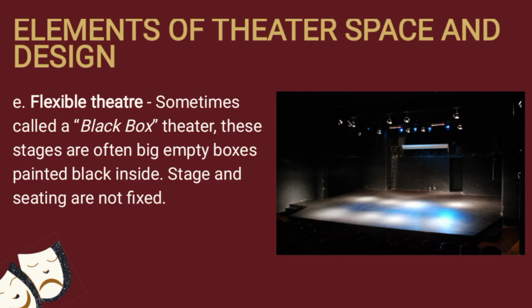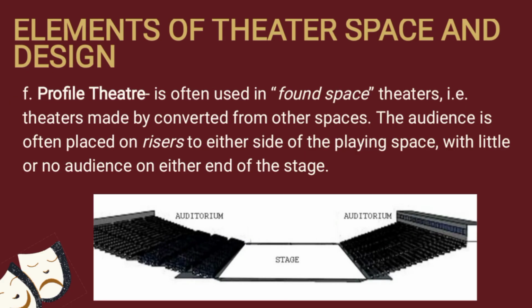So flexible theater is a simple open space with minimal fixed seating. So as you can see in the picture, it has a really big space, but not much for the audience.